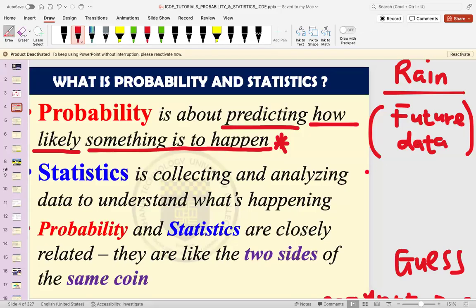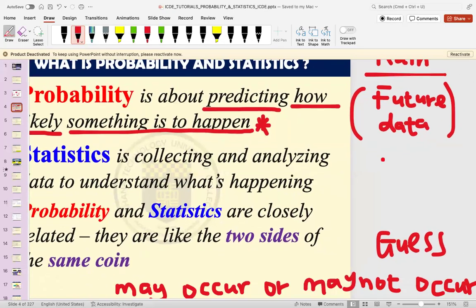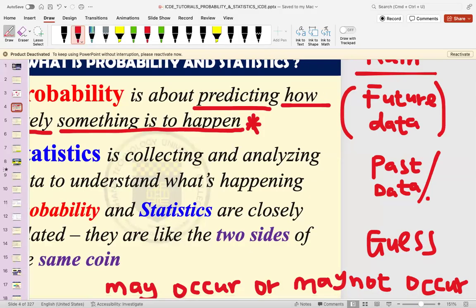Now, if we use probability to predict future data, then it means we can also have past data, and then we can also have present data.